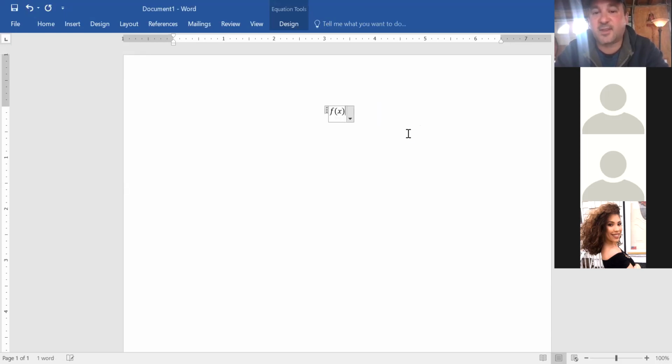So if we have f of x is equal to x squared and we want to think about its concavity, it's got positive concavity everywhere. So its derivative, f prime, is equal to 2x, and its second derivative is equal to 2.